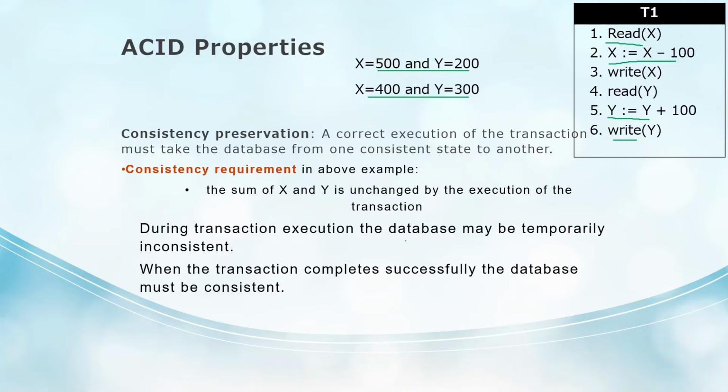So if the transaction completes consistently, then the sum of X plus Y before the start of the transaction and after its completion is unchanged. That means the same. That is why it is consistent.